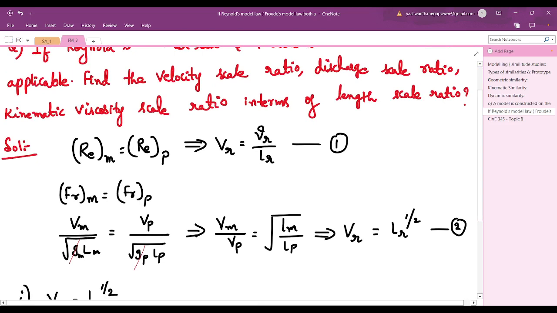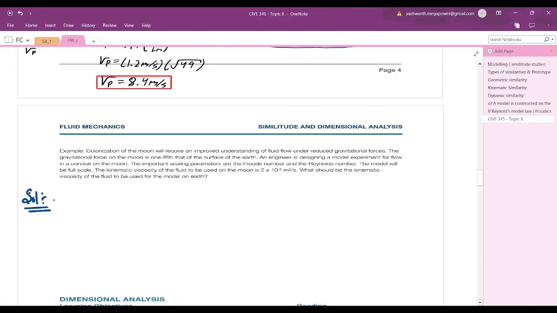It is the ratio of kinematic viscosity scale ratio by length scale ratio, can I write that? So VR, velocity scale ratio, is equal to nu R by LR, right?